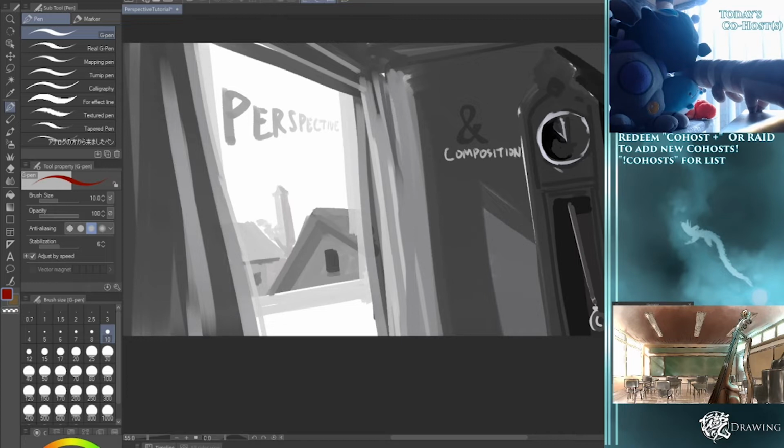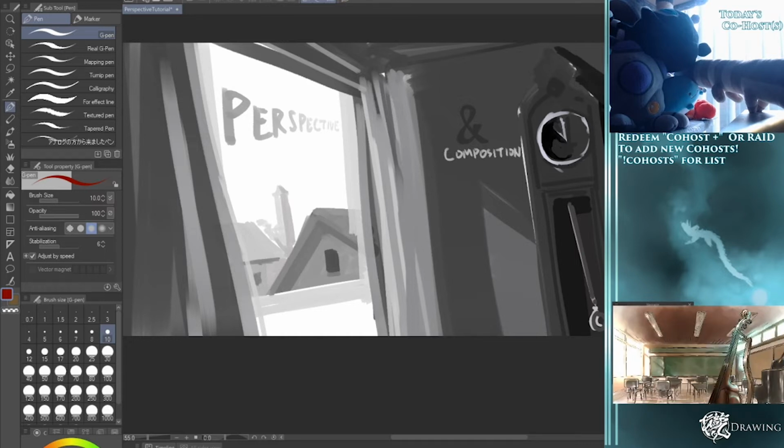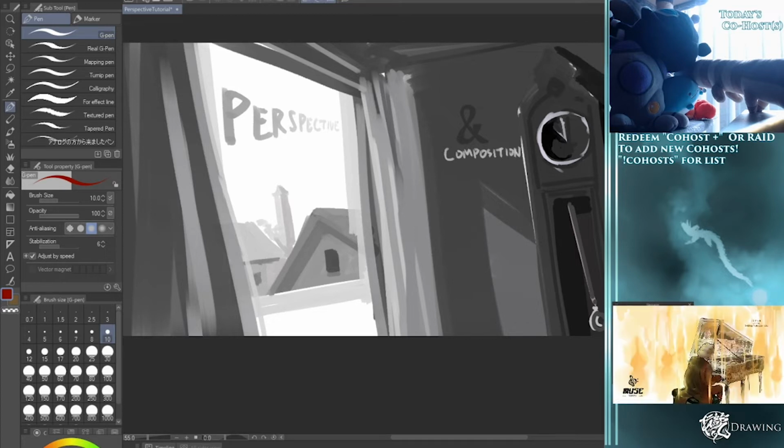So, perspective and composition. You've probably had a very basic overview of perspective if you ever took art in school. But what I realized when thinking about how I was going to teach this is that basically, you have to teach composition to teach perspective.